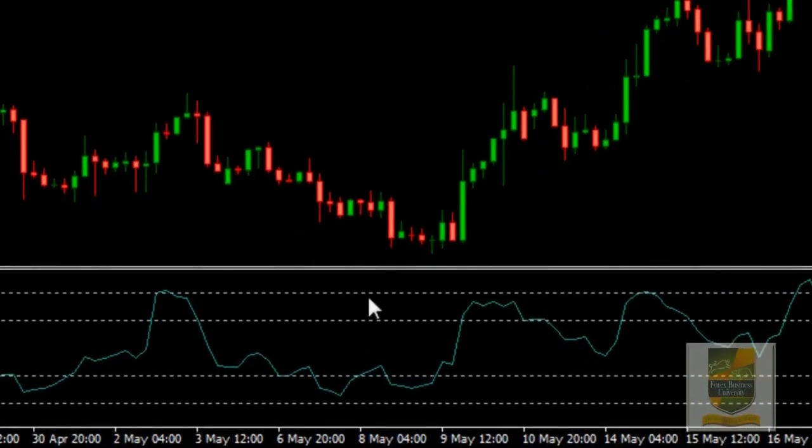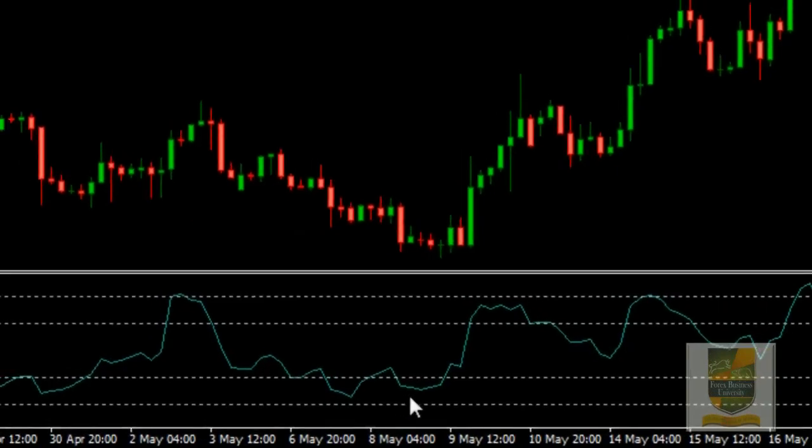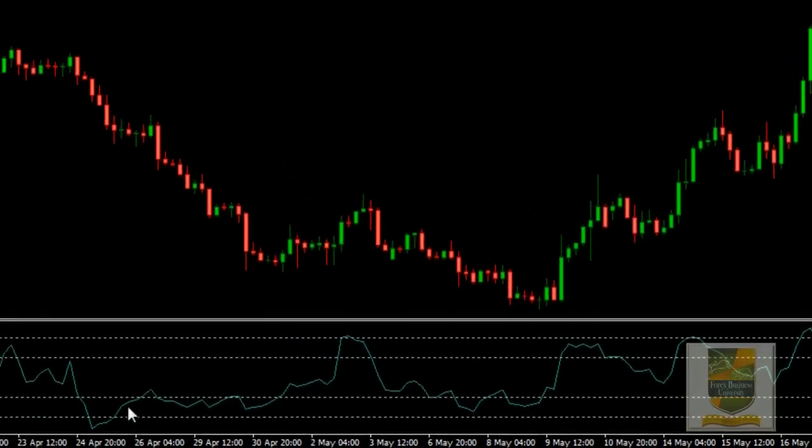So you can see here's the positive 200, the plus 200, and at the bottom is the minus 200. So this is also levels you can watch out for overbought and oversold zones.